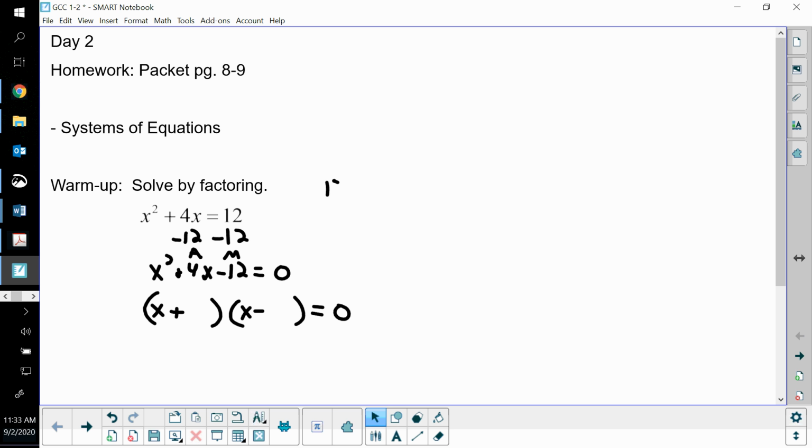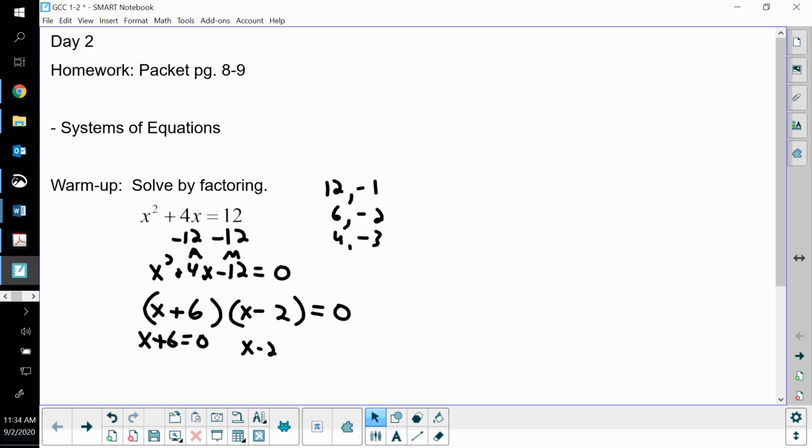So that means we could have positive 12 and negative 1, positive 6 and negative 2, or positive 4 and negative 3. That's the only stuff we could possibly have to match our signs. And the one that adds to 4 is the positive 6 and the negative 2, so x plus 6 and x minus 2. So then we'll set each of those equal to 0.